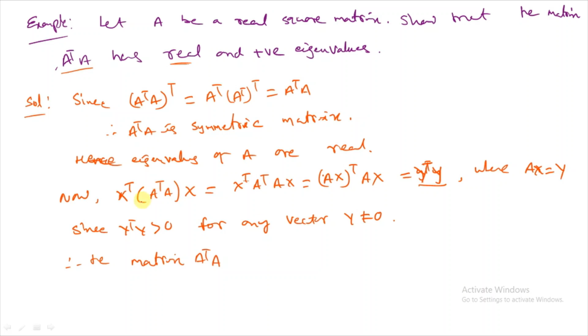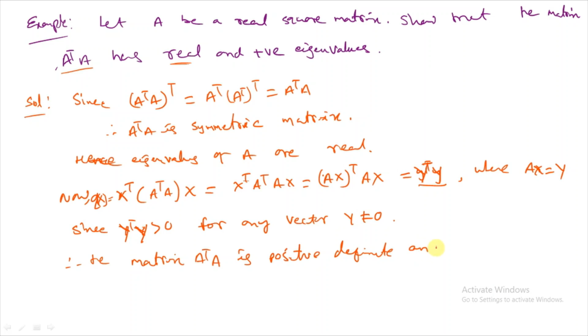This is positive, meaning X transpose A transpose A X, this quadratic form Q of X, is positive. And therefore the matrix A transpose A is positive definite.